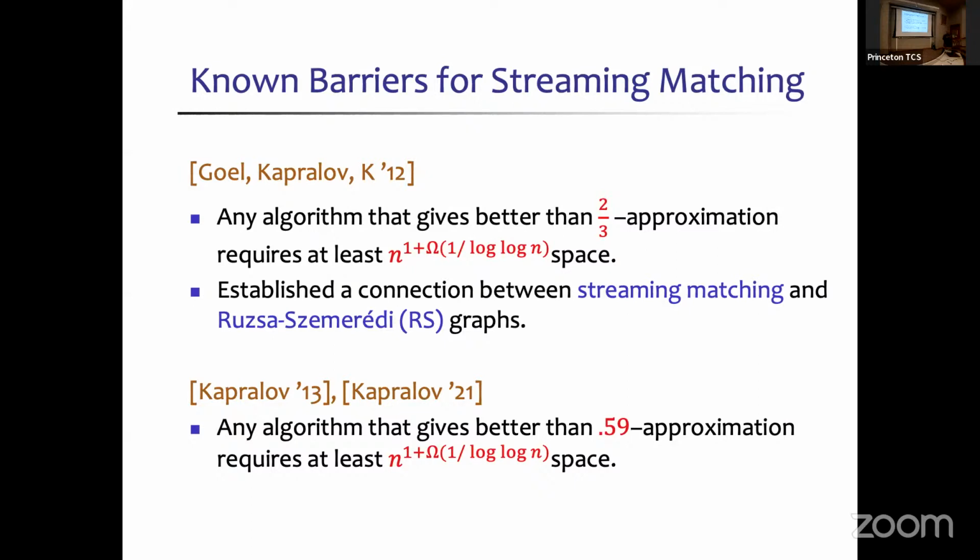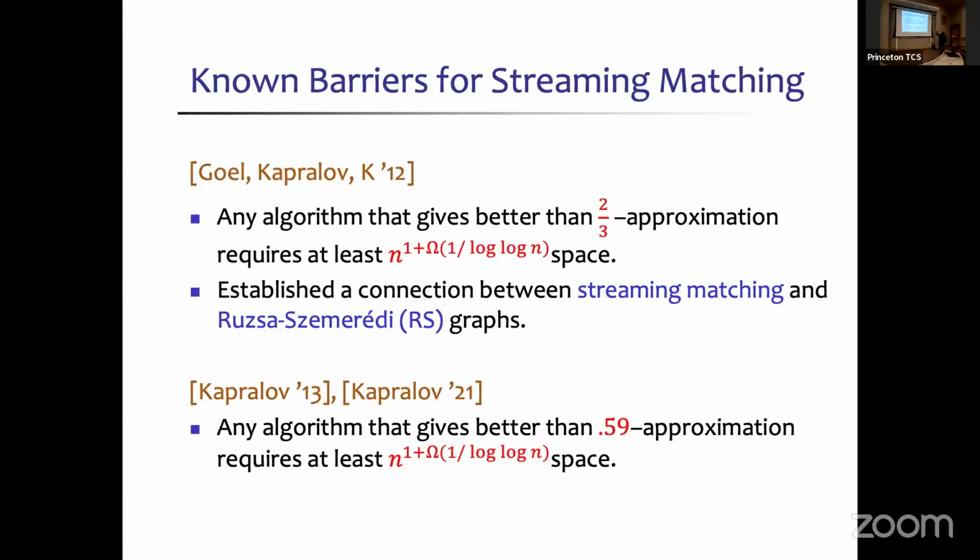I will explain this class of graphs towards the end of my talk. And with this connection, it's not difficult to show that any algorithm that gives better than 2/3 approximation for the matching problem requires distinctly more than n polylog n space.